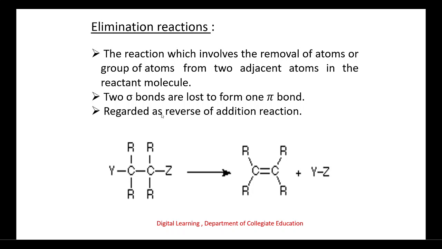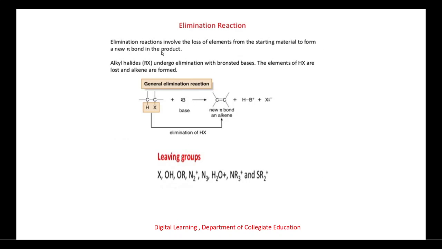Hence, two sigma bonds are lost to form one pi bond. So elimination involves the removal of atoms resulting in unsaturation, with a loss of two sigma bonds and formation of a new pi bond. Generally the leaving groups in elimination reactions can be X, OH, N2+ and so on.